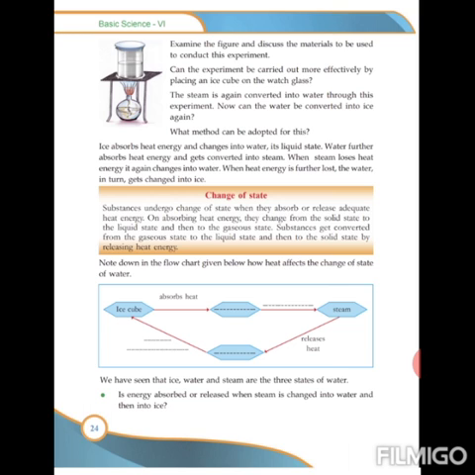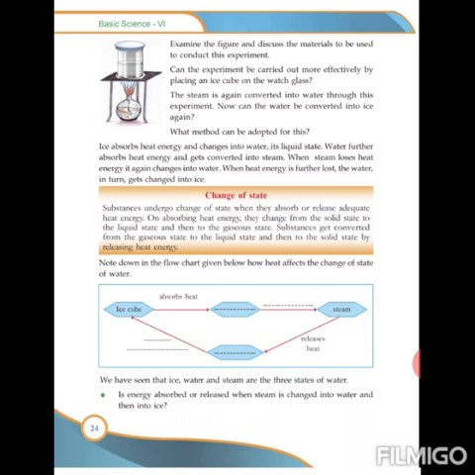Now, here what happens is ice absorbs heat energy and changes into water. So, when we are heating, the ice absorbs heat energy and changes into water, its liquid state. Now, water further absorbs heat energy. When we heat again and again, water absorbs heat energy and gets converted into steam.